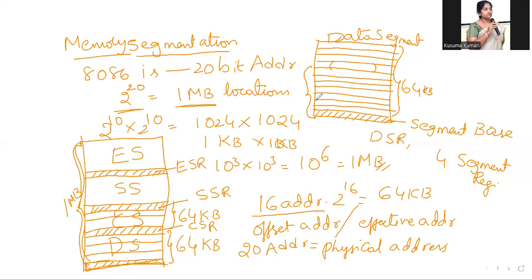This is called the offset address or effective address. So to identify this location, I take the segment base from the corresponding segment register plus the effective address.